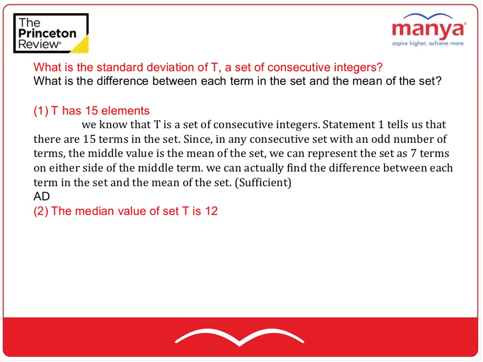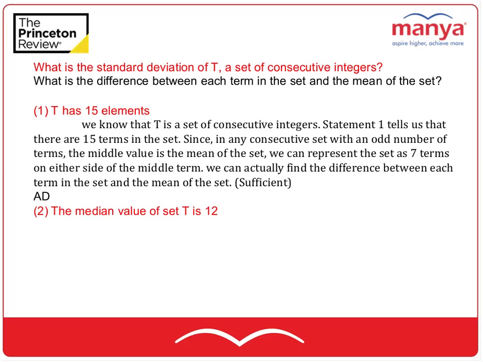So since we know the median is 12 and we know it is consecutive integers, can I get the standard deviation? Can I get the difference between each term in the set and the mean of the set? So is the statement going to be sufficient? Can you tell me whether the second statement is sufficient by itself?